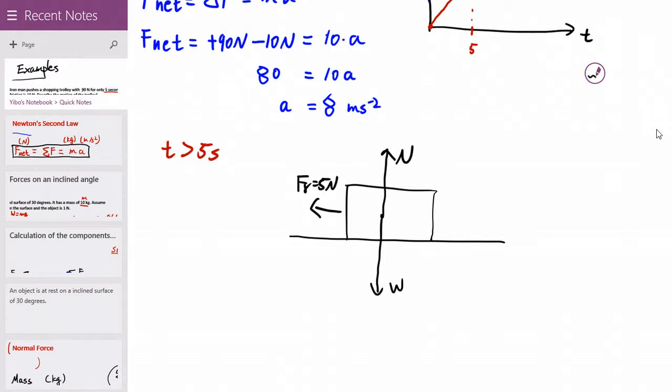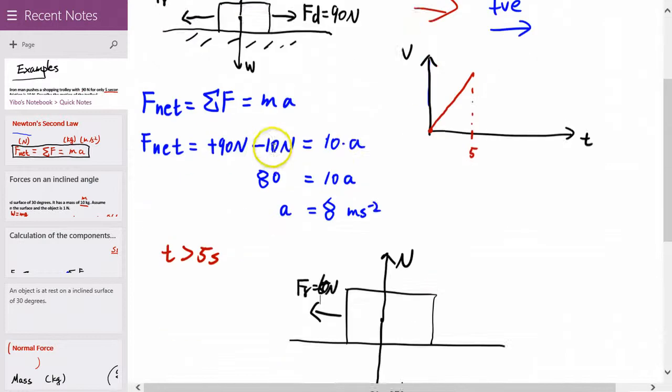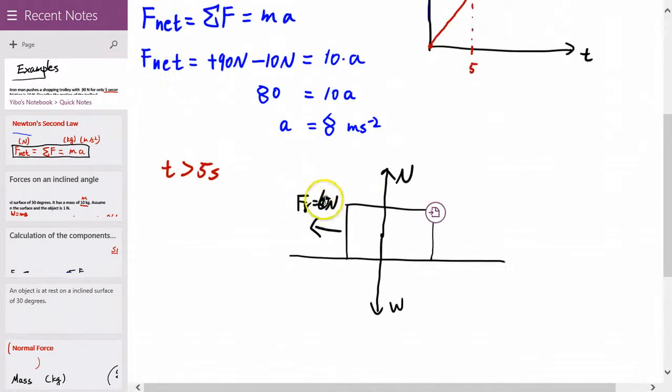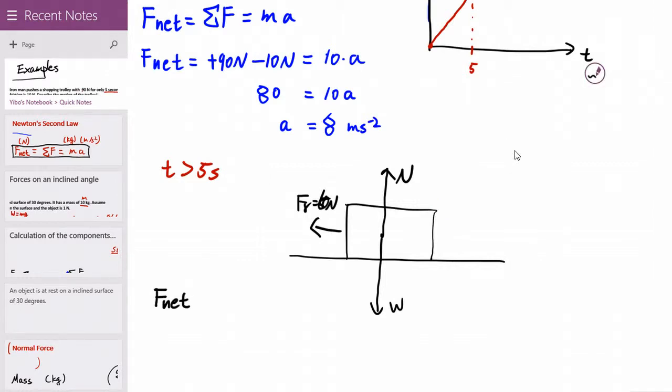Horizontally speaking, the only force acting on the trolley after 5 seconds, the net force, is the sum of all forces equals ma, which is minus 10 newtons, the friction force, equals 10 times acceleration. If you do the calculation, we have minus 1 meters per second squared.